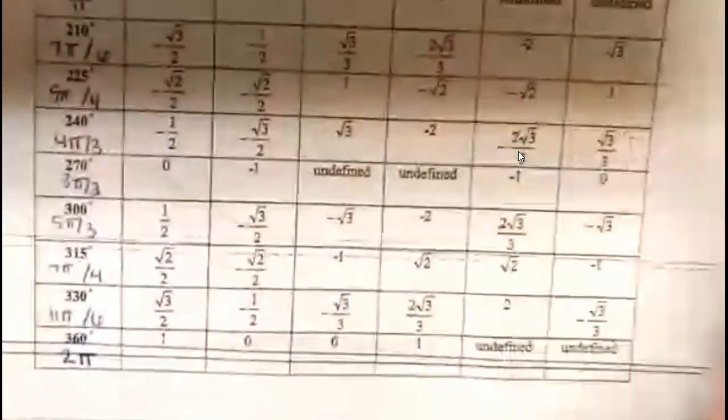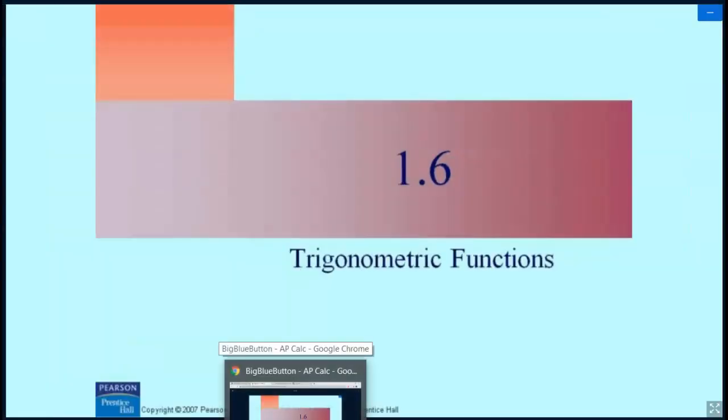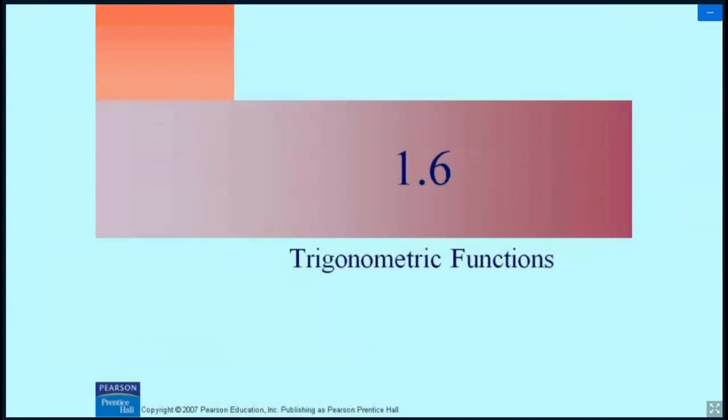So again, I put that sheet up on the front for you. I think it is super helpful and nice to have all of your trig values right there in front of you. It helps you to see exactly what value goes where, and it's going to be helpful on that next page.